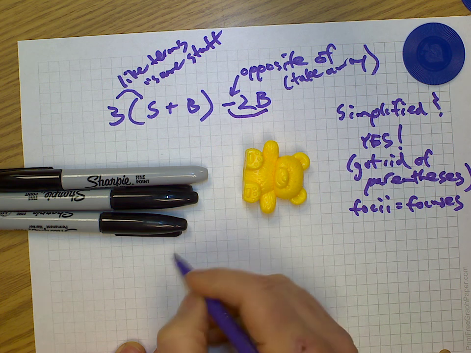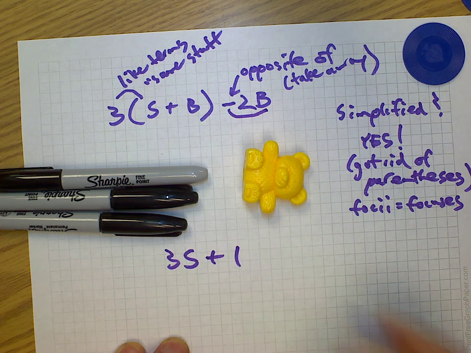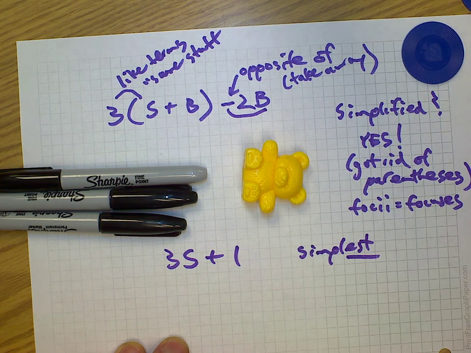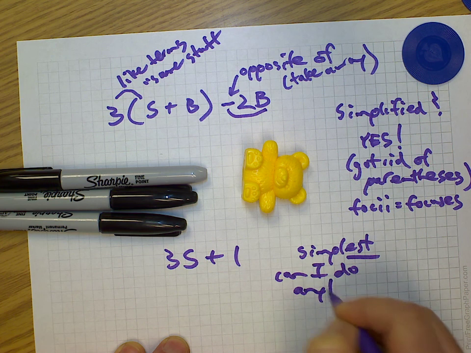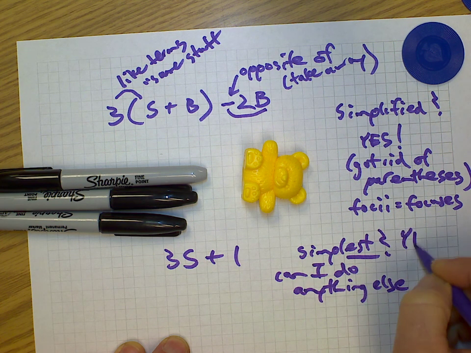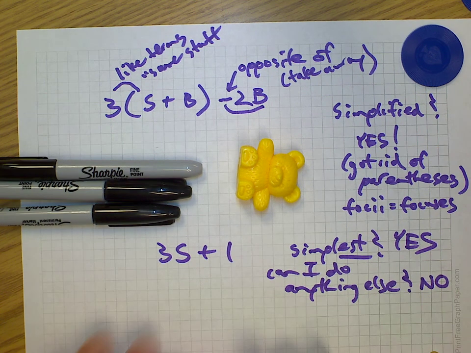And now what I have is 3 Sharpies and a bear. Is this simplest, meaning can I do anything else? It is simplest because no, I cannot do anything else.